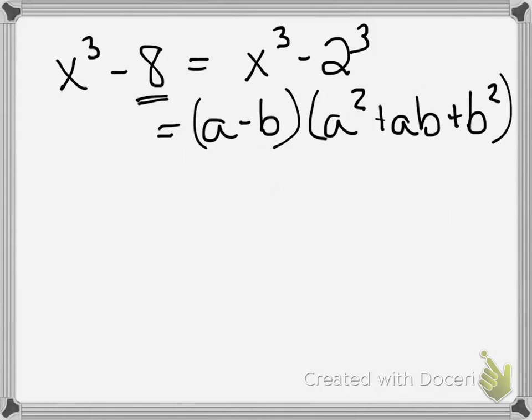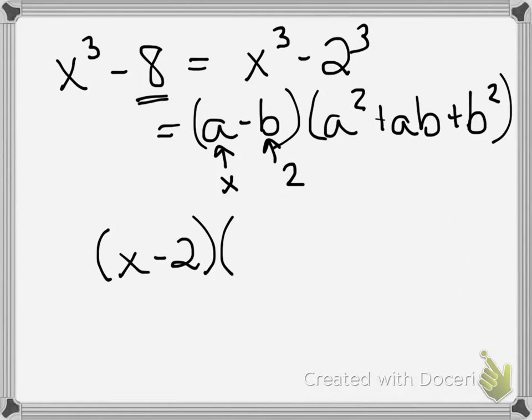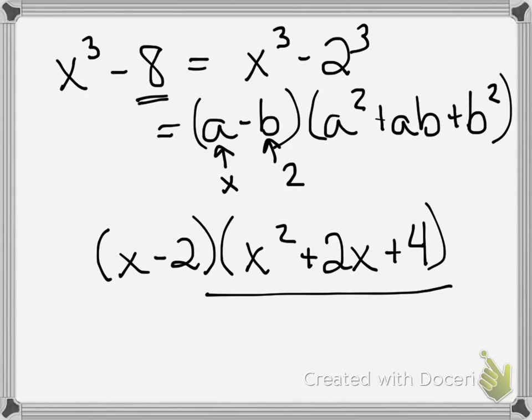Okay, now your a in this situation is x, and your b in this situation is 2. So this is going to factor to x minus 2, x squared plus 2x plus 4. Now the good thing, the second part will never factor further, so that's as far as you can go in a difference of cubes problem.